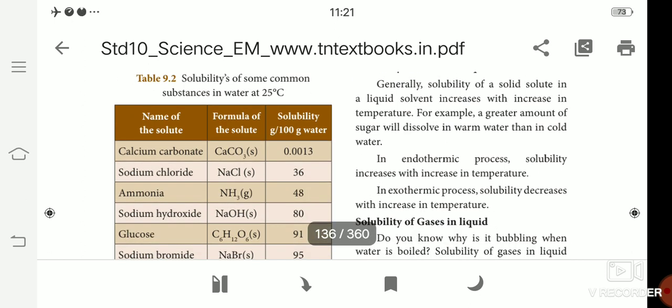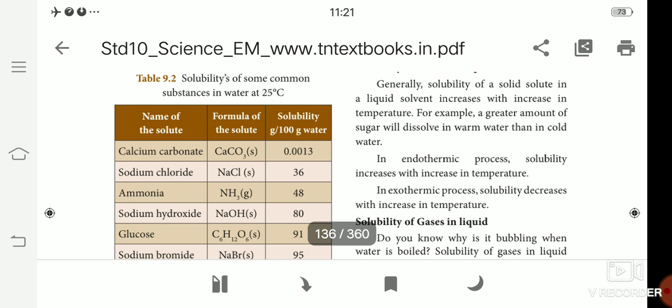Sodium chloride, NaCl, is 36, and ammonia, NH3, is 48. Sodium hydroxide, NaOH, is 80. Glucose, C6H12O6, is 91. Sodium bromide, NaBr, is 95, and sodium iodide, NaI, is 184. S denotes the solid state and G denotes the gaseous state.